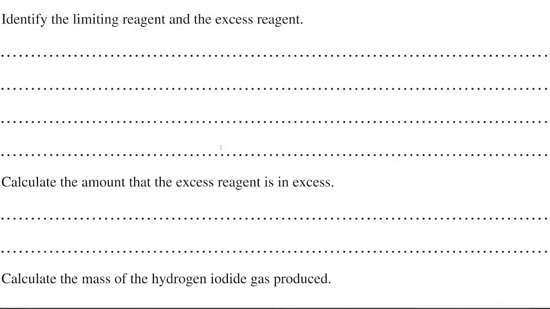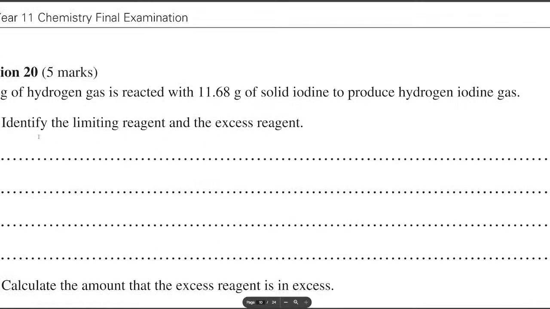Calculate the mass. So hydrogen H2 plus I2 goes to, does it combine? Hydrogen, iodine gas, yeah. So you calculate the number of moles, right? And then you put that over.